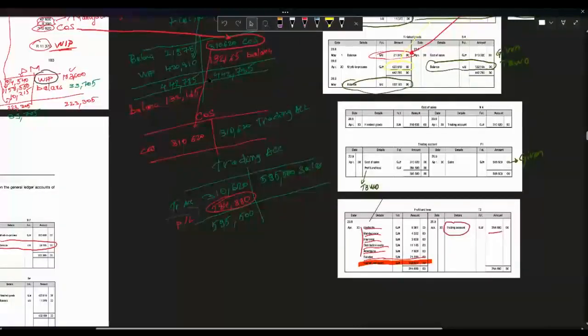But now when we're looking at the trading account, meaning when the actual trading happens, what are we going to look at? We're going to look at the cost of sales and sales, the actual selling. We're selling the finished good in order to get money in, and that's how we get our profit. Remember, sales minus cost of sales gives us the gross profit. If the sales is greater than the cost of sales, we know we've made a profit.